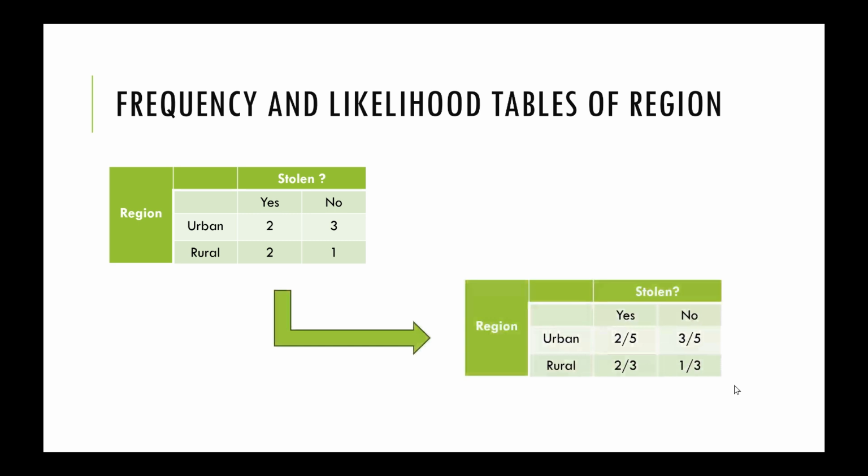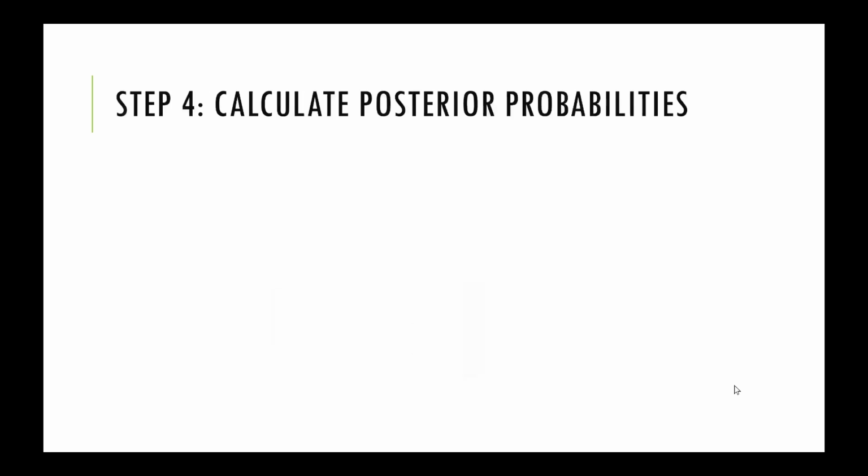Yes. Next, we are going to calculate the posterior probability. In the final step, we are going to calculate the posterior probability for both classes, Yes and No. From the beginning, the problem statement is whether a red SUV of the region urban is stolen or not.